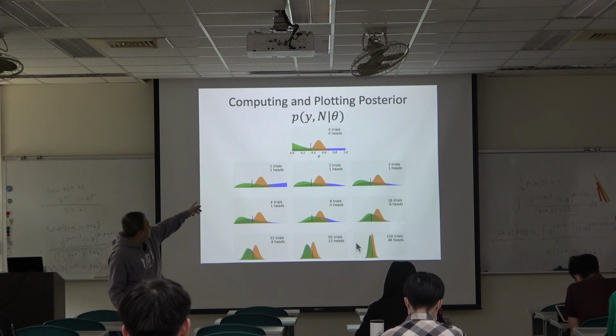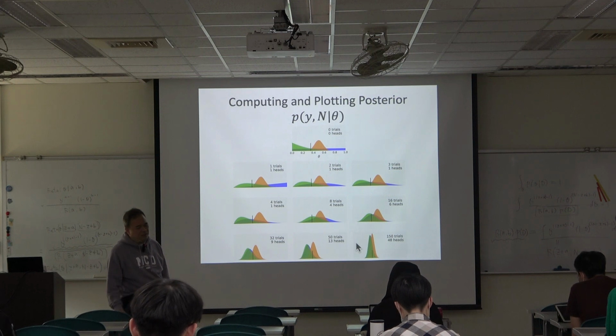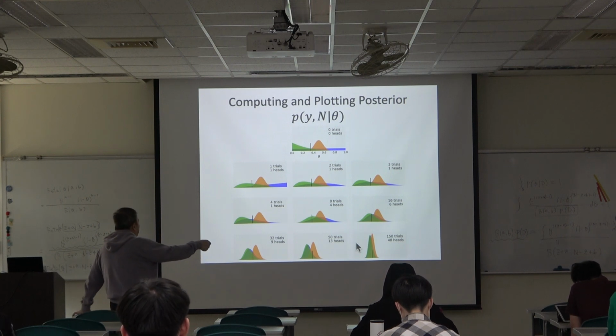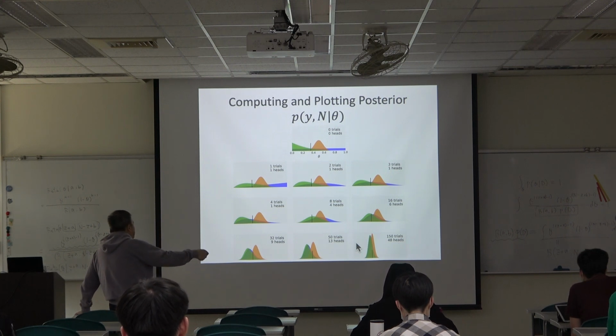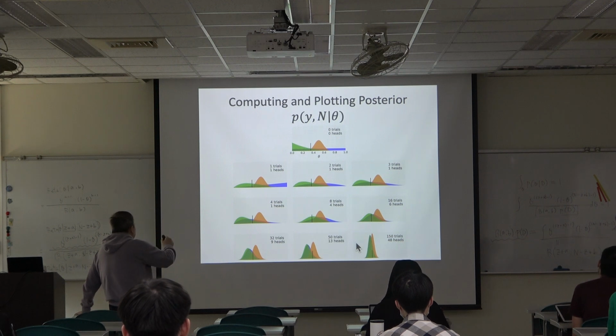Because the highest point for the green distribution is near 0, meaning the chance of getting heads is low. So, with these 3 different priors, if you do one throw, you get only 1 tail.